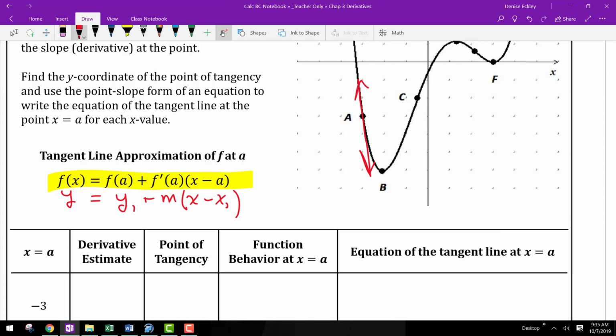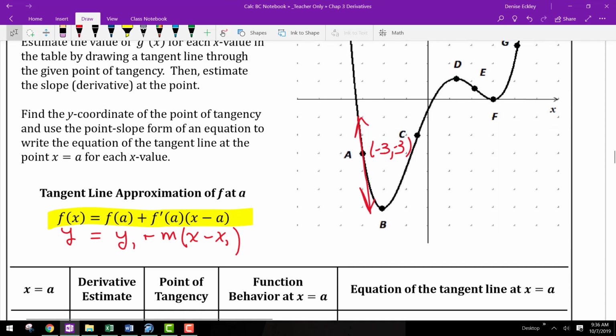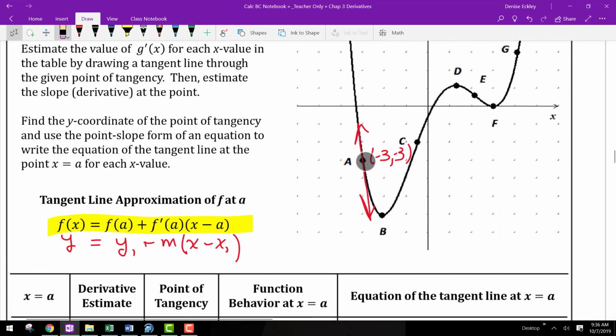So this point is -3, 3. If I count my slope, let me draw this a little longer, because when I did it on paper, my line was really long, so I could see where my slope was. So that's not too bad.